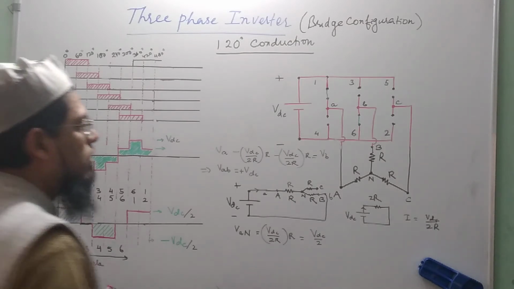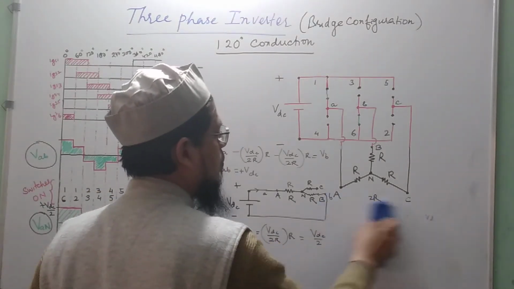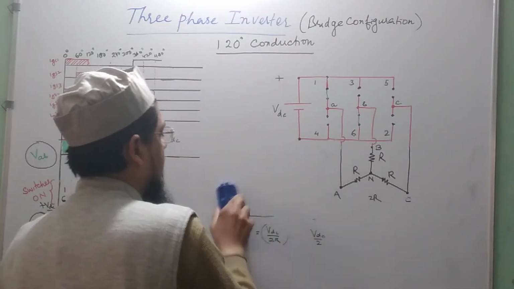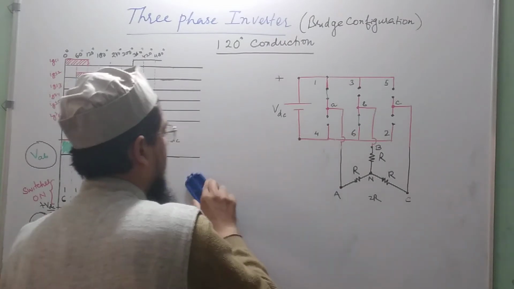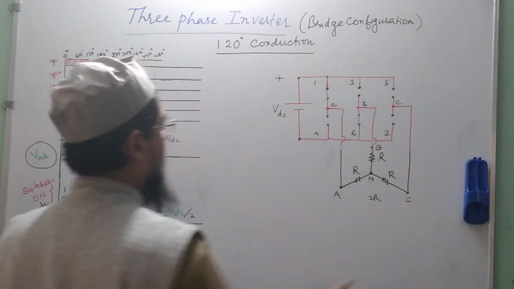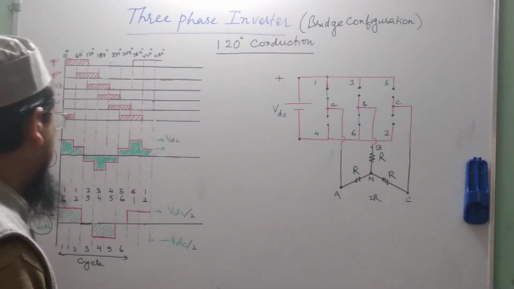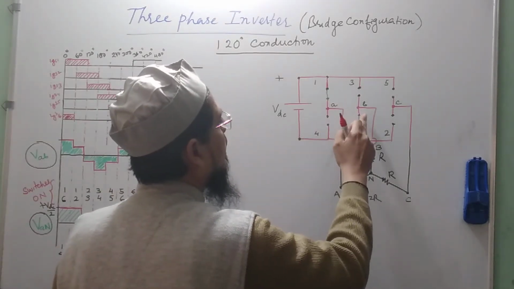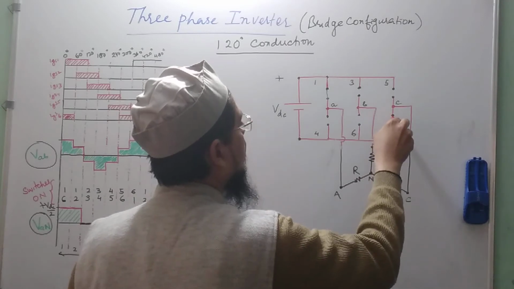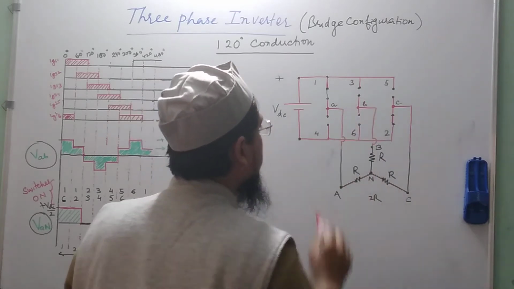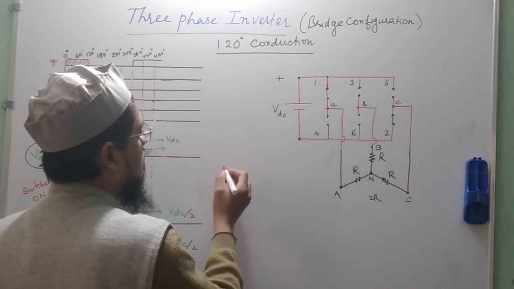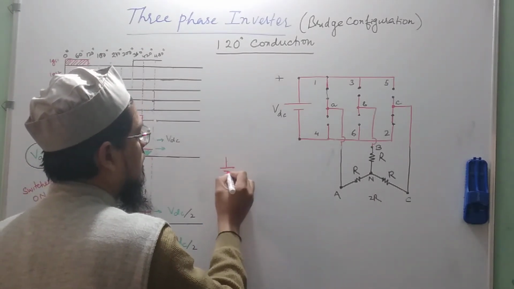Let us now see one more case, one more step. So, let me take one more step. Let us take the second step in which 1 and 2 are on. So, if that is the case, let me draw the simplified version of the circuit.